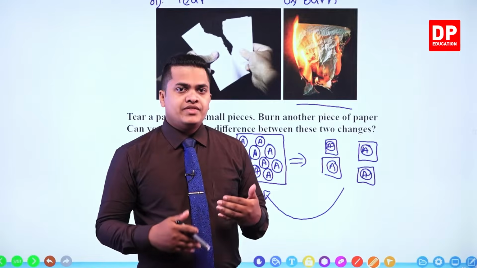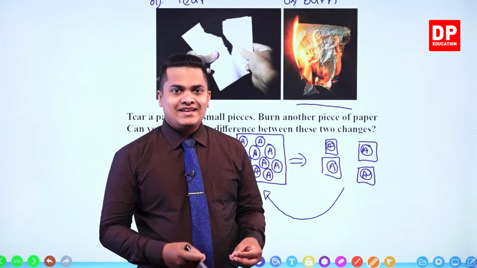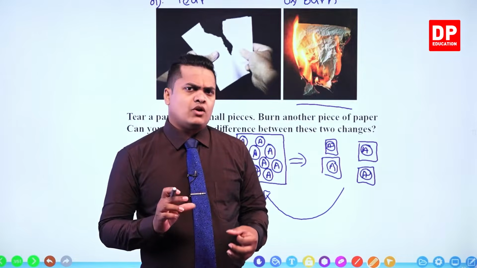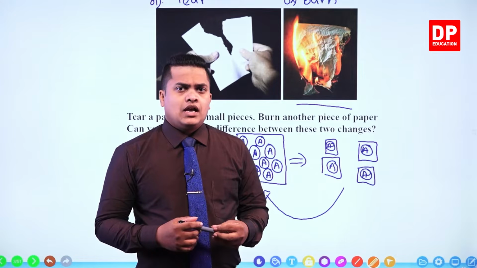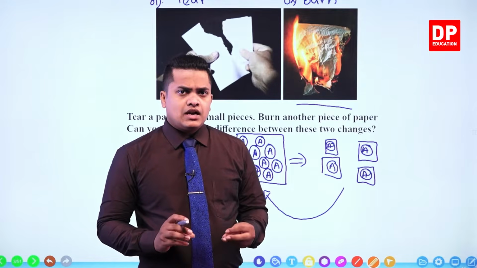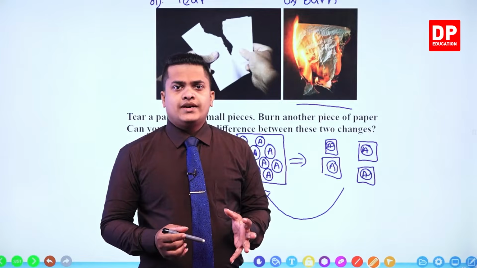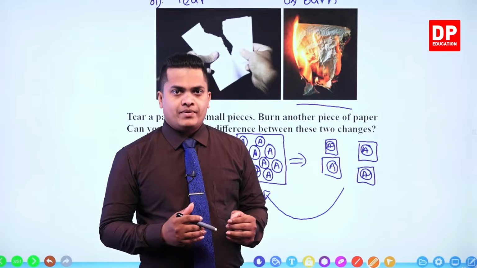And during the burning process, light and heat energy is emitted. Sometimes a small bit of sound can also be heard. In this case, you can see that several new substances are produced when this change happens to the paper.